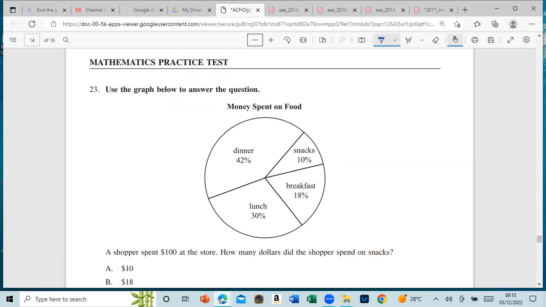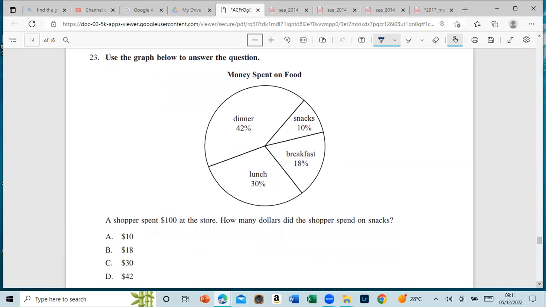Alright, 10% of $100 is $10. That's straightforward. That's $10.